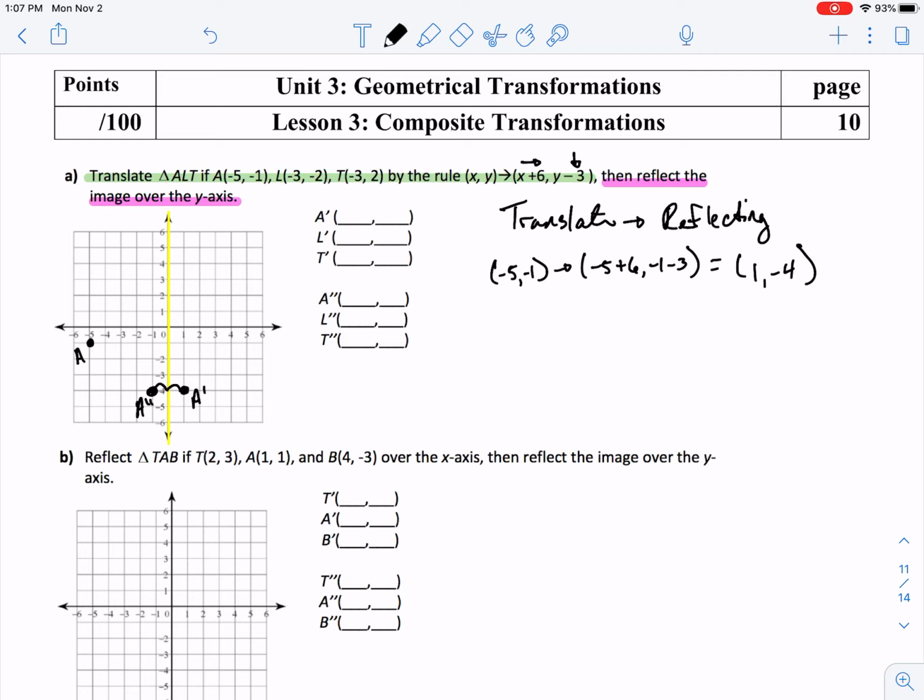And this will be a double prime. The double primes and single primes just tell you after how many transformations. So after one transformation, I was at the point 1, -4. After 2, I was at -1, -4. I would go through and do this for all of the points. Again, I'm still only focusing on one point, because if we can do it for one point, we can do it for an entire figure.